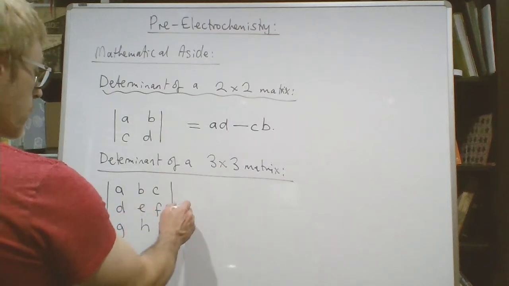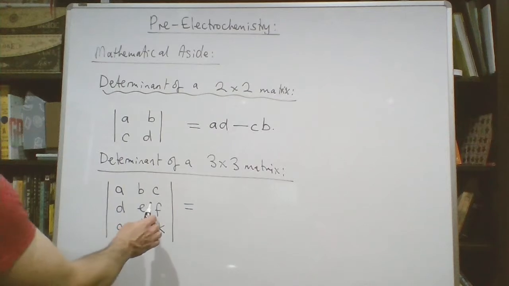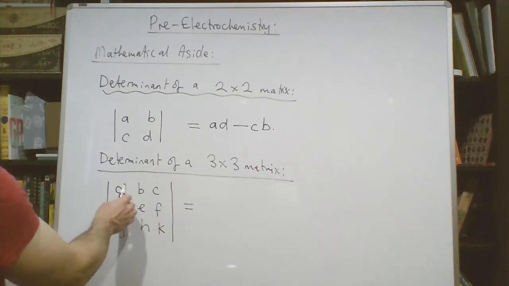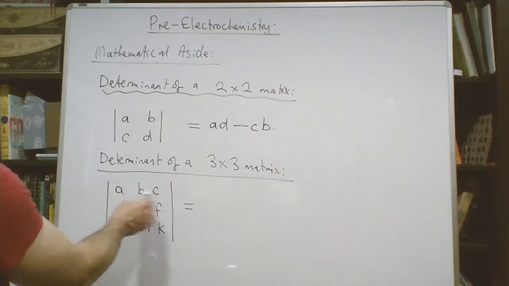Okay, so what we're going to do here is, first of all, look at this member of this column. Columns go vertically and rows go horizontally.